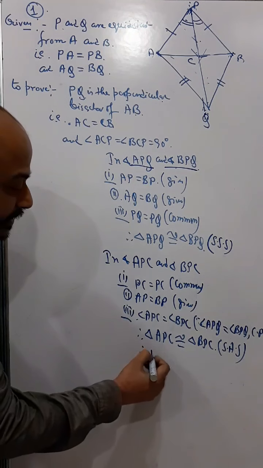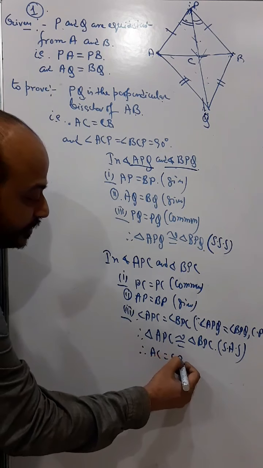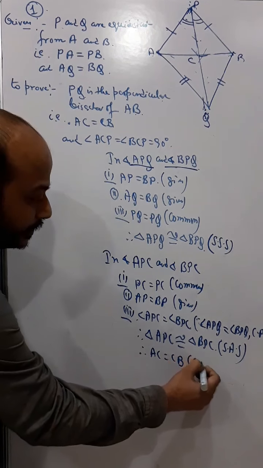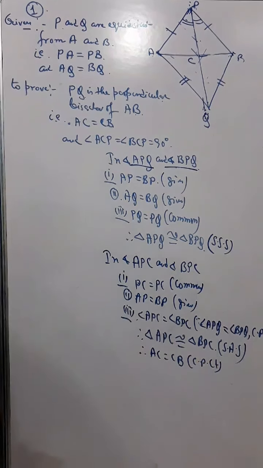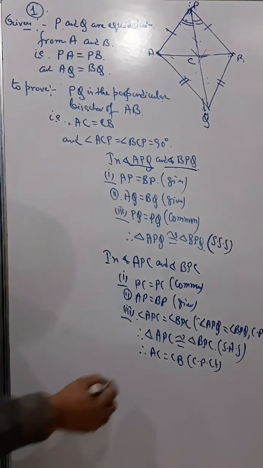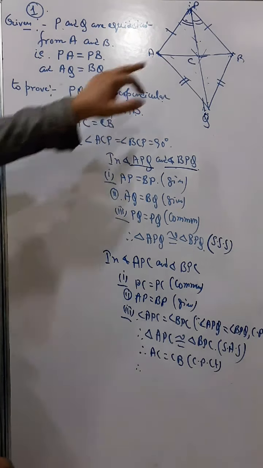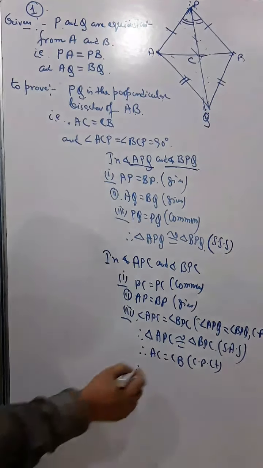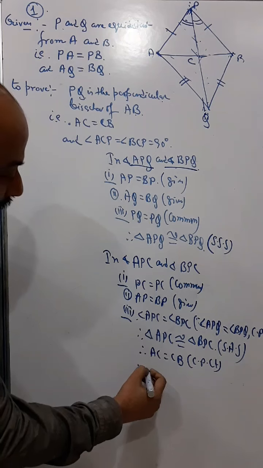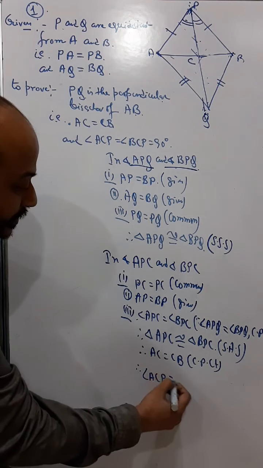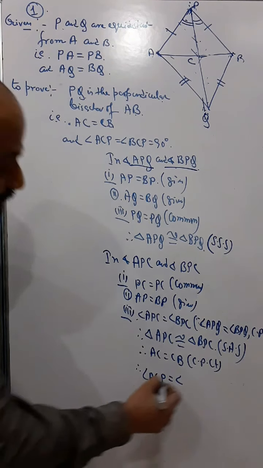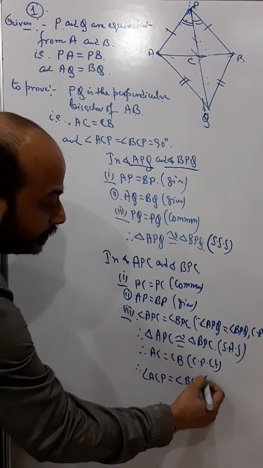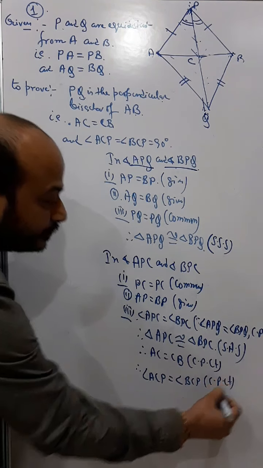From here we can say therefore AC is equal to CB, and that is CPCT. And then we also have to prove that this equals 90. So we can also say angle ACP is equal to angle BCP, that is also CPCT.